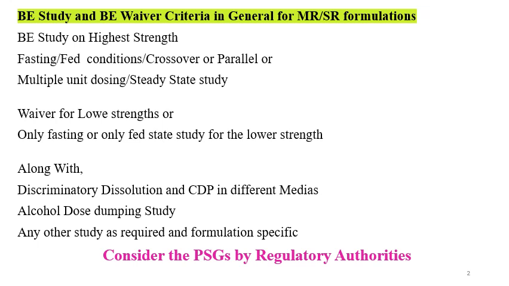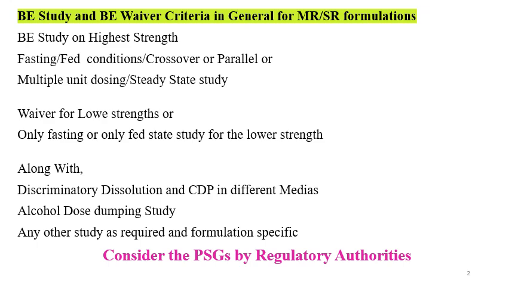If the formulation is dose proportional or dose weight proportional, then you can ask for the biowaiver for the lower strengths. But it depends on the molecule's therapeutic class. Also, it depends on the formulation design, type of polymer used, number of strengths, and some other critical criteria.